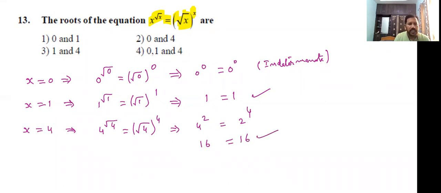Yes, it is also satisfied. Finally, what are the roots? The roots are 1 and 4. Third option, correct.